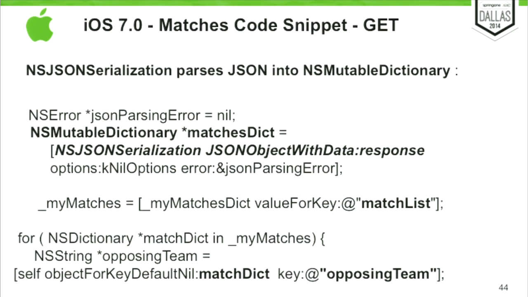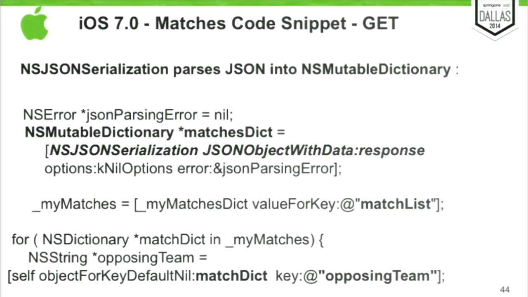From there, you can start extracting the values. For instance, for matches, we pull out our match list, and then for each match, we're going to pull out information like the opposing team, the scores, et cetera. And then you can just use it. So the get's pretty simple. There's not a whole lot of code there, but you do need to do your own processing.